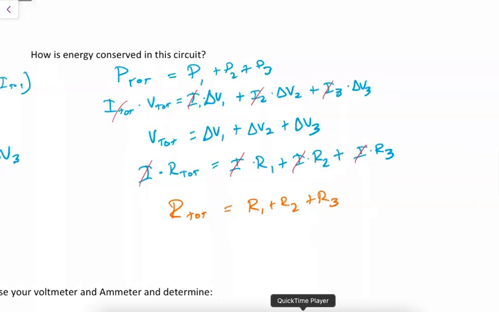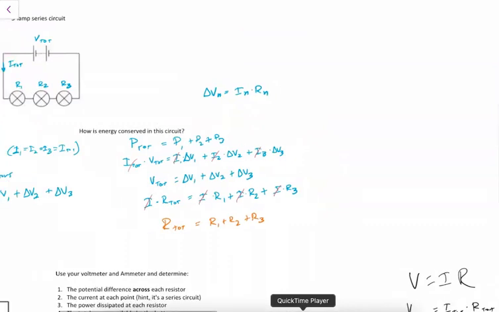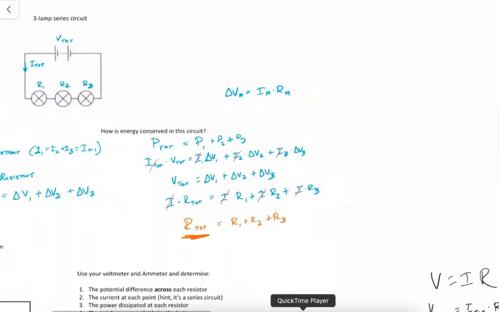Meaning, as you add more resistors in series, the total resistance of the circuit increases. It's an increasing relationship. So what does this R total mean?